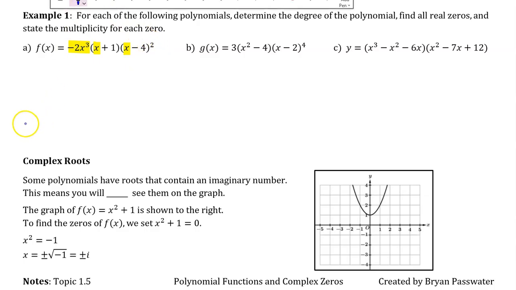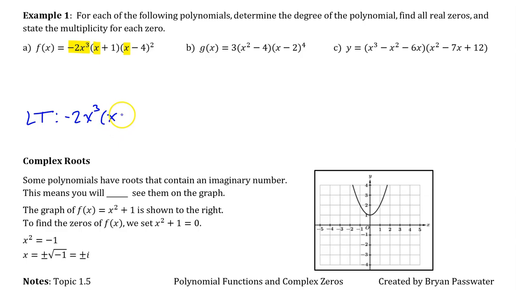So the leading term, I think I'll just put LT for leading term, would be negative 2x cubed times x squared. Therefore, the leading term would be negative 2, and then I'm counting up all these x's, 3, 4, 5, 6. So negative 2x to the 6th power. Therefore, the degree is 6.